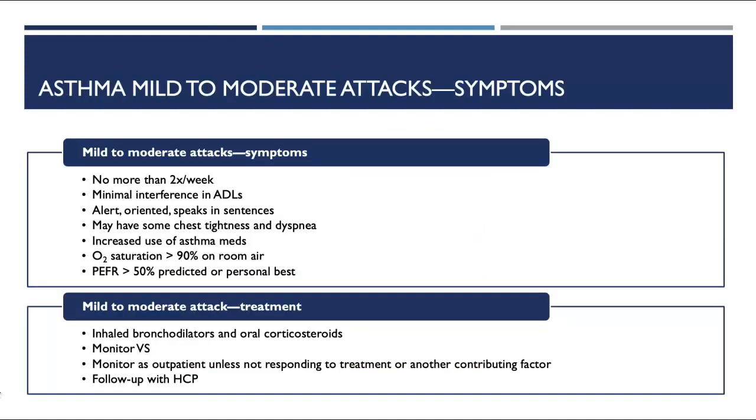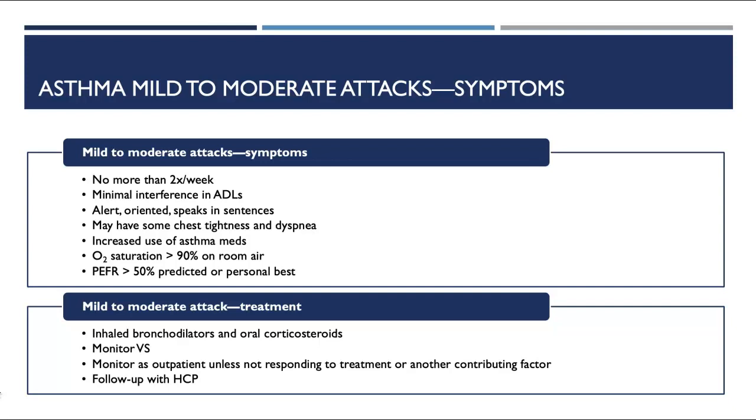Next, we're going to talk about mild to moderate attacks, symptoms, and treatment. So with a mild to moderate attack, it's going to be those things that we talked about in the green and yellow zones earlier. So they're not having it more than 2 times a week, minimal interference with ADLs, alert and oriented, speaks in sentences, may have some chest tightness and dyspnea, may have some increased use of asthma medication such as albuterol, but their oxygen saturation is greater than 90% on room air, and their peak flow is going to be at least greater than 50% predicted or personal best.